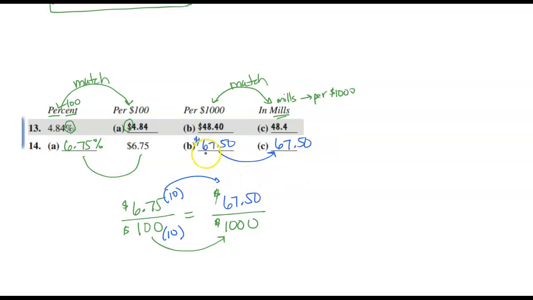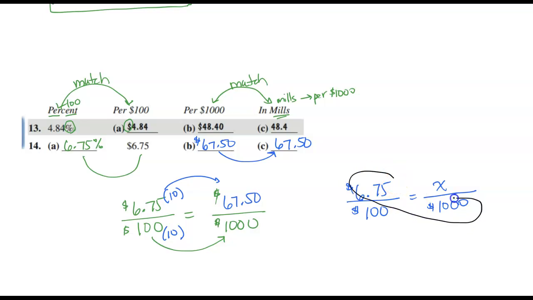An alternate way to get that answer per 1,000 would be to use that same proportion, $6.75 per 100, and we want to know how much per 1,000, and we could solve. We could multiply by a common denominator. In this case, it would be 1,000. Another way to solve a proportion would use cross multiply.